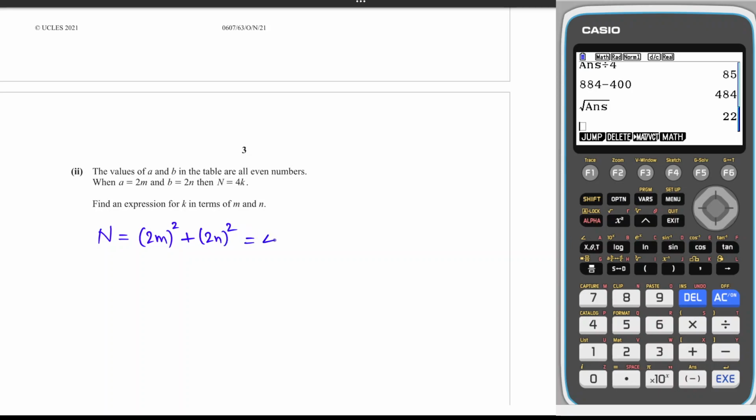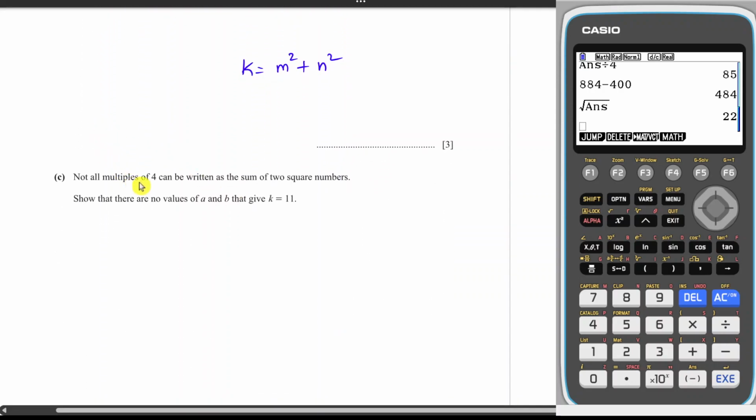That gives me 4m squared plus 4n squared, which is 4 times (m squared plus n squared). Hence I can write that k is equal to m squared plus n squared.